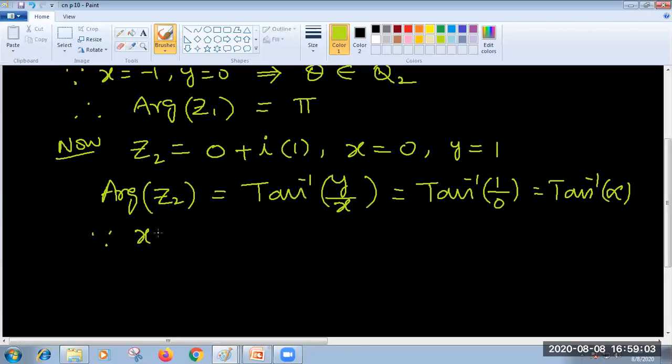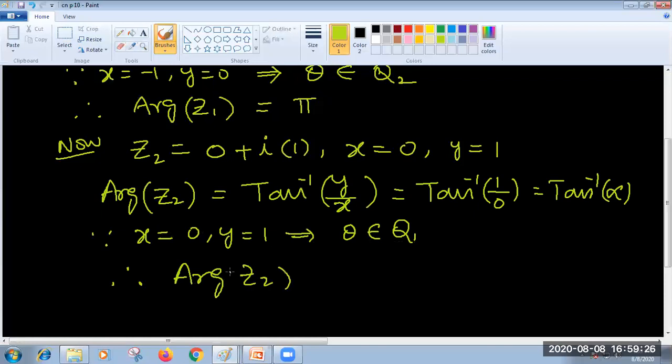Since the x value is 0 and the y value is 1, both non-negative, you can take theta in the first quadrant. Tan 90 degrees is infinite, therefore the argument of z2 is 90 degrees, pi by 2.